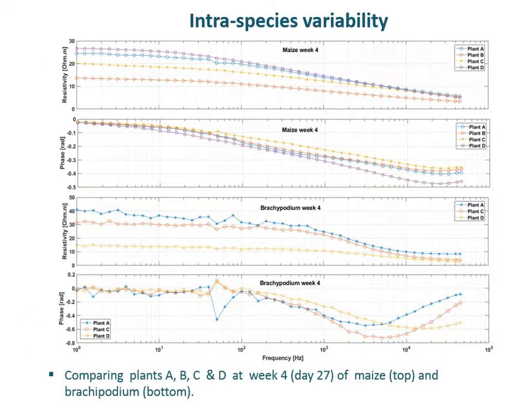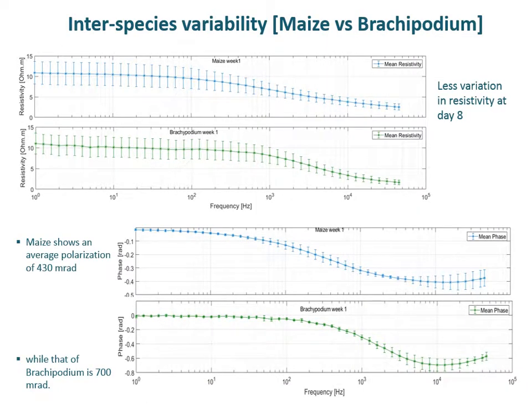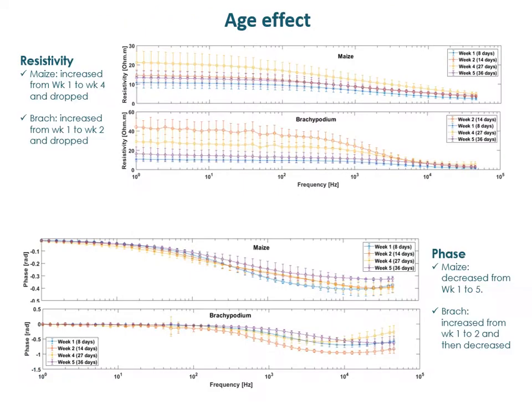Then we see the intraspecies variation. Within species, we see that different maize plants show different responses in terms of the resistivity and the phase. The same applies to brachypodium. Then we see the interspecies variability. In terms of the resistivity at day 8, the variation is minimal, but if you look at the phase response, maize showed a maximum of 430 millirad, while brachypodium showed 700.